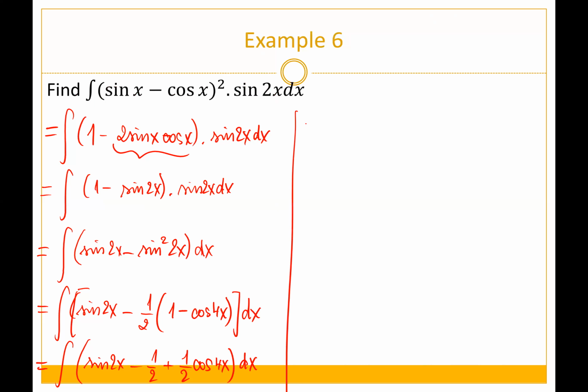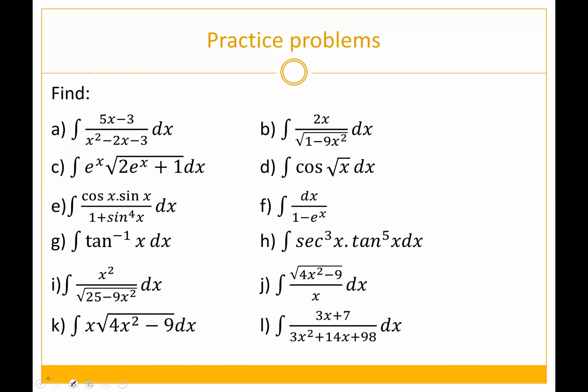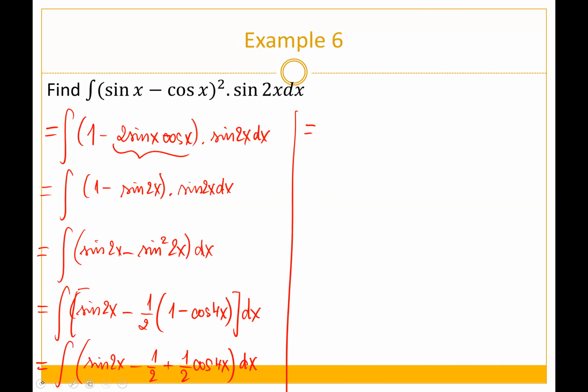And so this is going to equal negative half of cosine 2x, negative half x, plus 1/8 sine 4x plus c. And that is my final answer for this problem. We don't need to go any further from this.